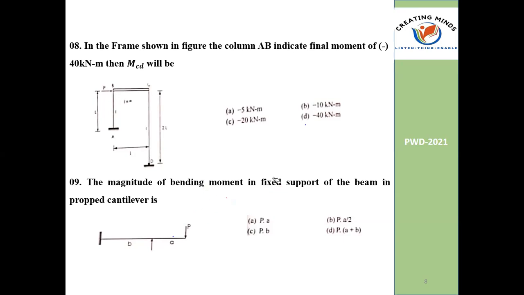Sometimes they will ask a question where they give a load here. If they give the couple directly, it's the same throughout the entire structure. But if I am not giving this, then what is the equation for fixed end moment at this fixed end?